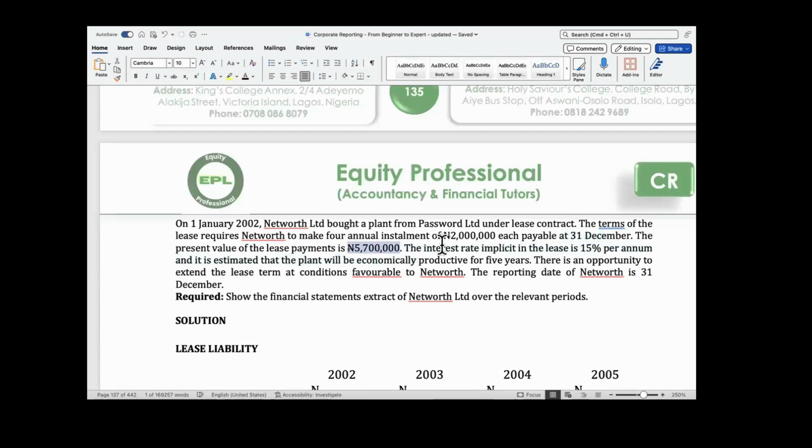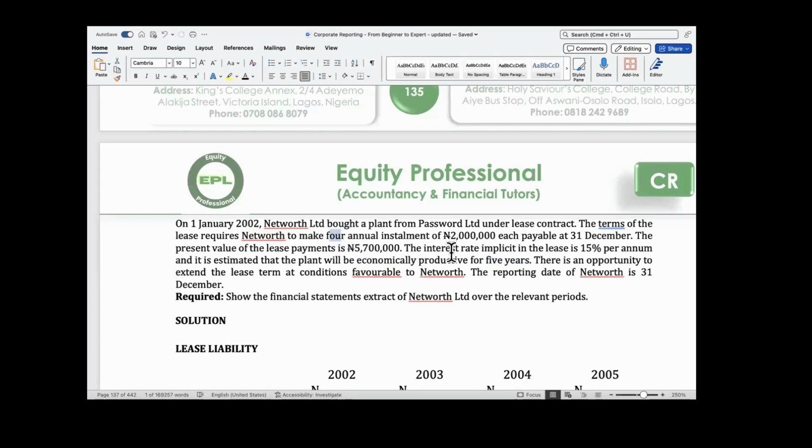We're now told that the interest rate implicit in the lease is 15% per annum, and it is estimated that the plant will be economically productive for 5 years. So that's the useful life of the plant. There's an opportunity to extend the lease at conditions favorable to Networth. Since Networth can extend and it is favorable to him, the lease term is not 4 years anymore.